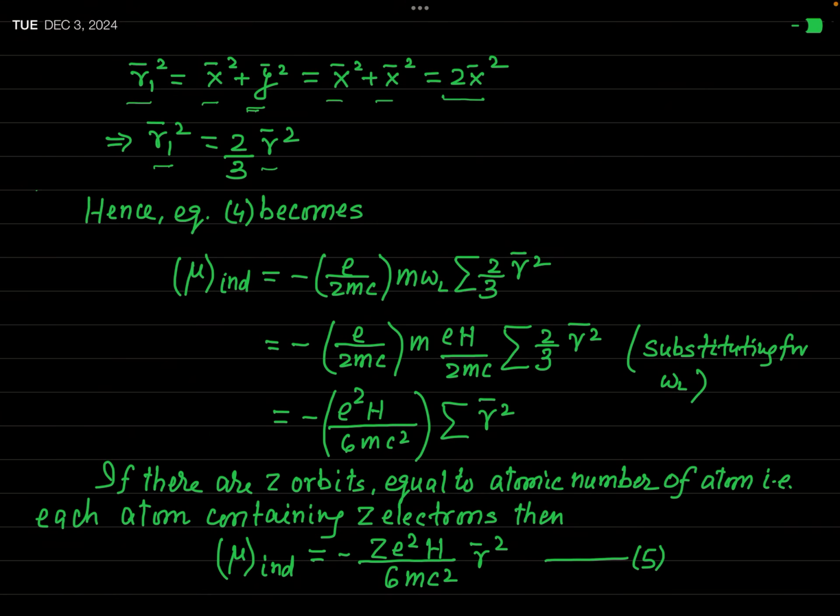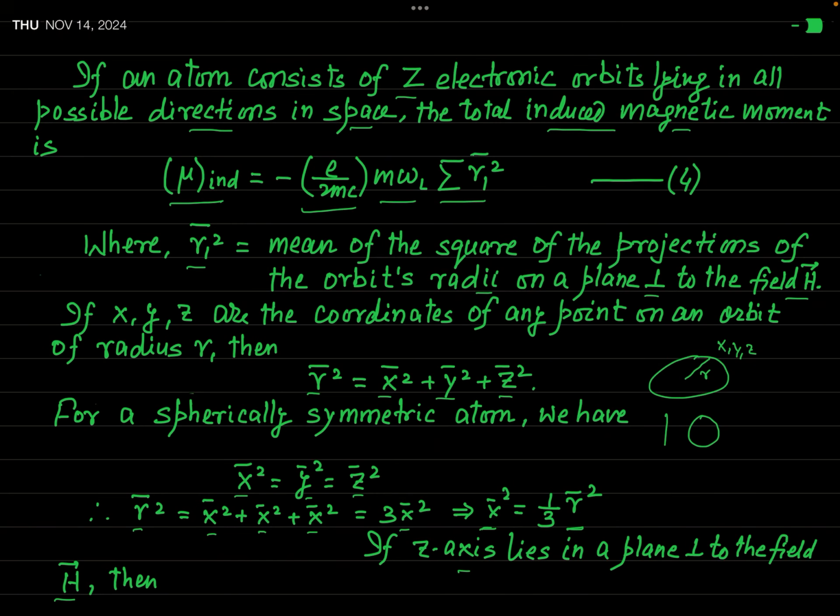So I have substituted that value here. So now we have obtained the mean square value of R1 in terms of the mean square value of r, and we will substitute this value of R1 square bar in the expression for induced magnetic moment.